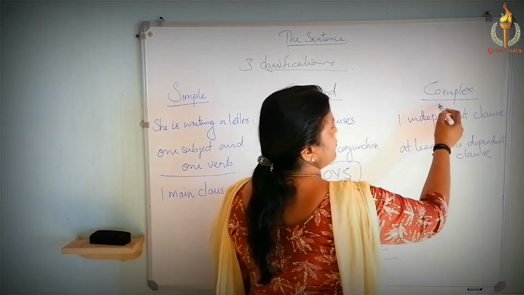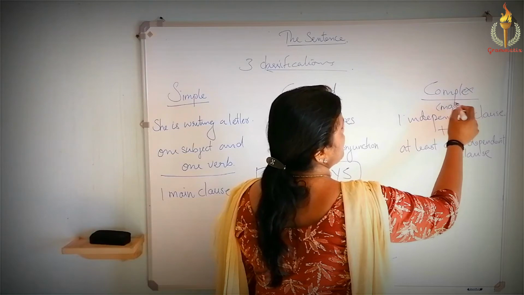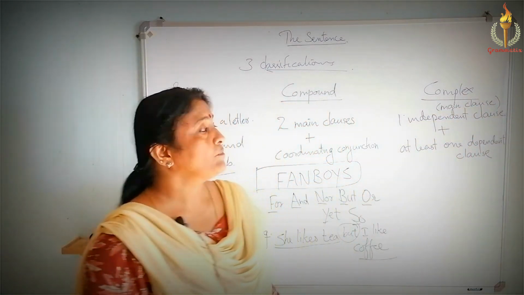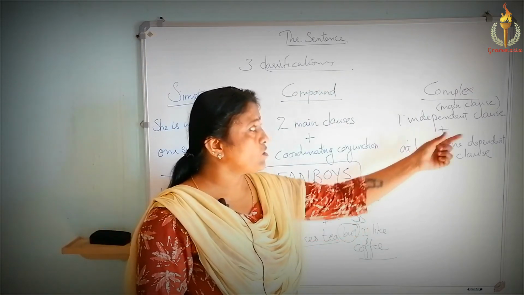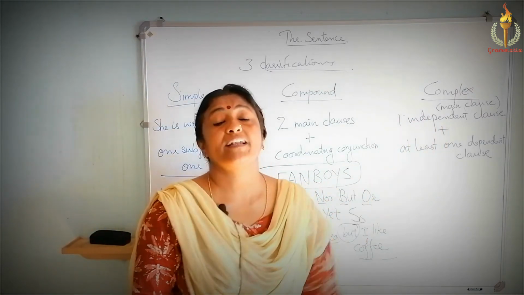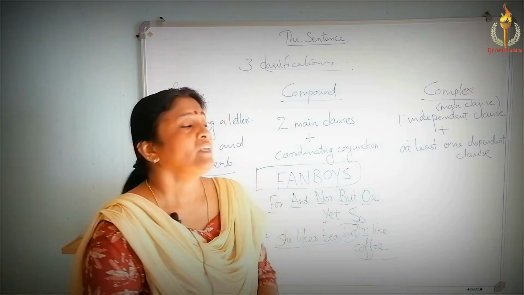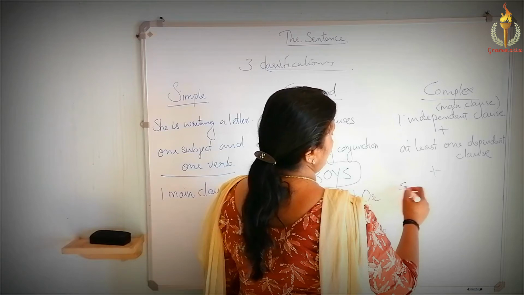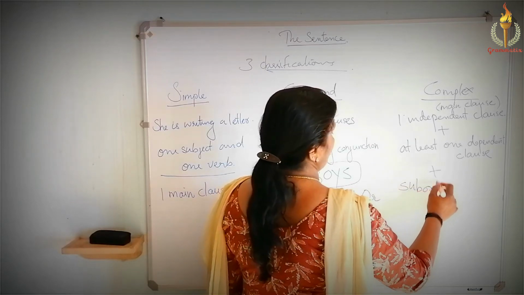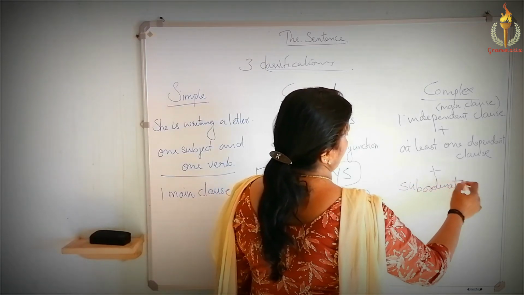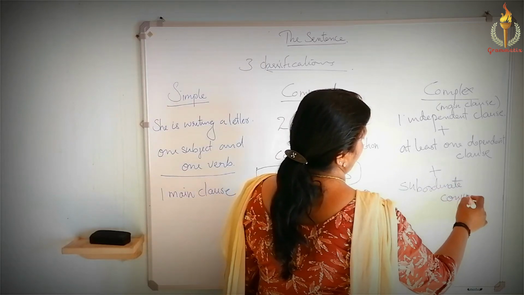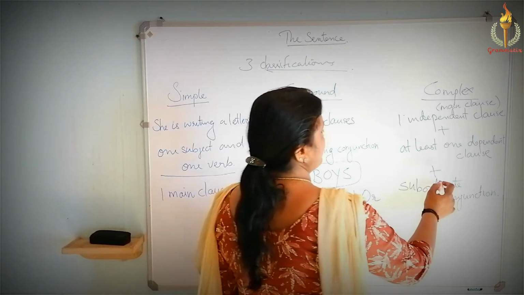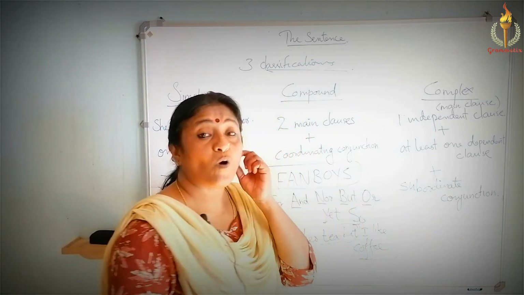So independent clause is also known as main clause. I will be using both the terms so that you get familiar with it. So one independent clause or main clause plus at least one dependent clause, joined by a subordinate conjunction, gives you the complex sentence.